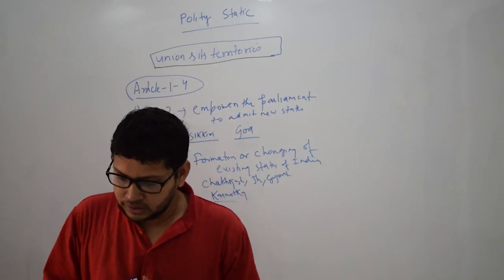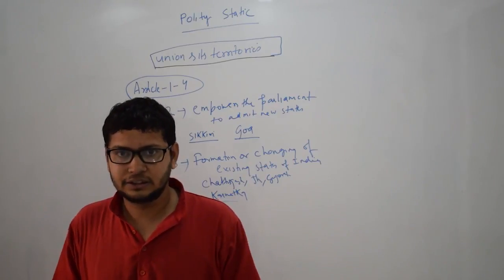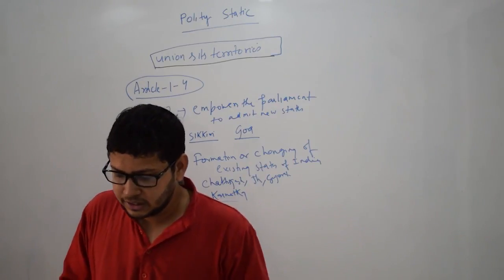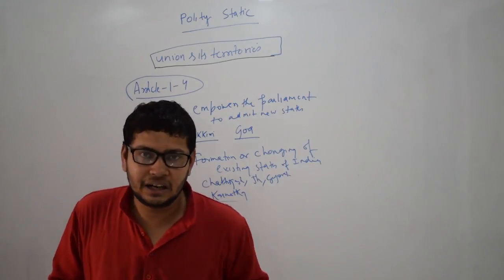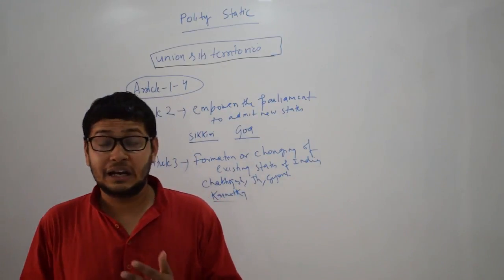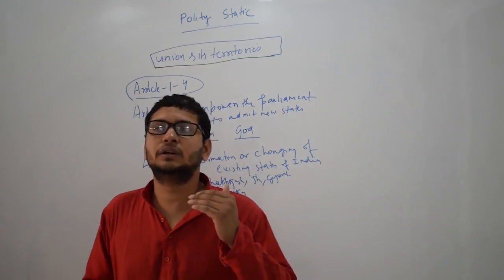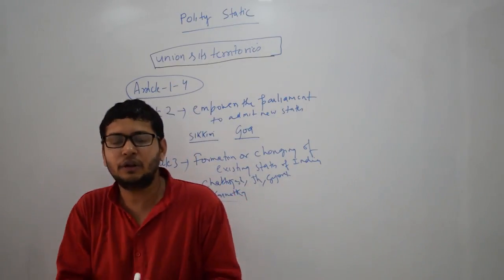One very important statement of this chapter is that the union government can destroy states in India, but states cannot destroy the union in India. Unlike in the US, where the central government cannot create a new state, it's beyond their power.